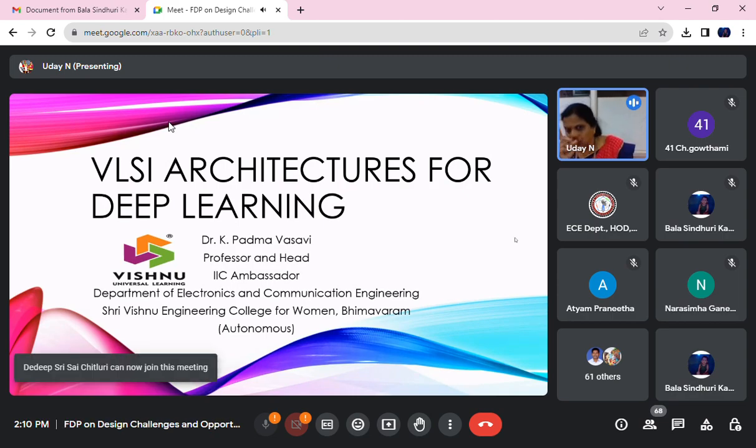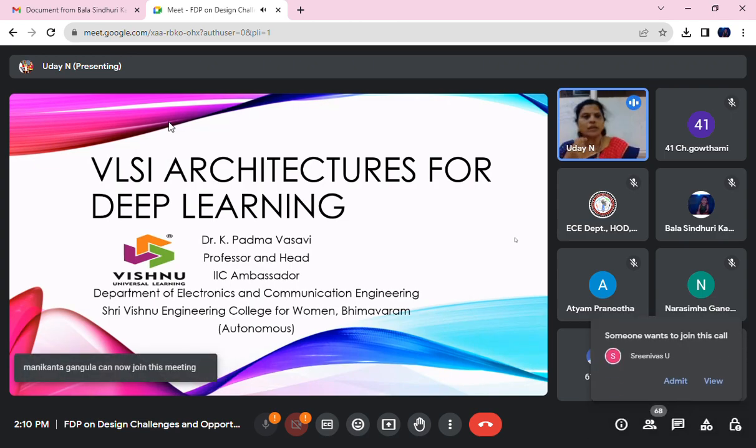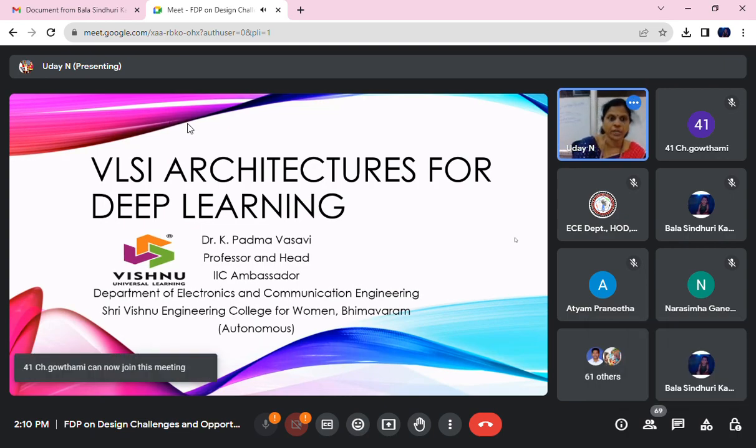Why it is so significant to develop a processor for implementing deep learning algorithms is what I'm going to deal with in the coming half an hour, 45 minutes, or 1 hour the organizers are going to give me.